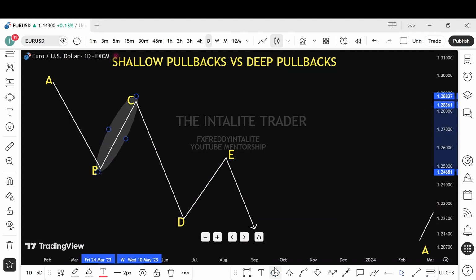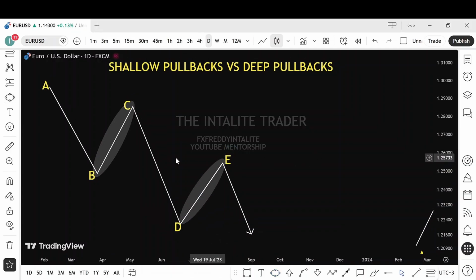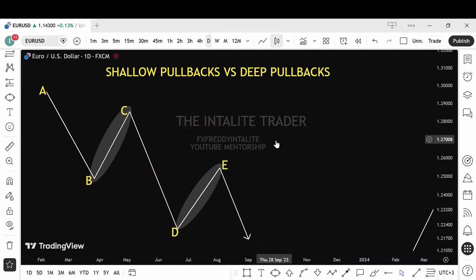If you remember in the previous class and videos, we talked about impulsive moves and pullbacks. So here we are identifying what shallow pullbacks are and what deep pullbacks are.